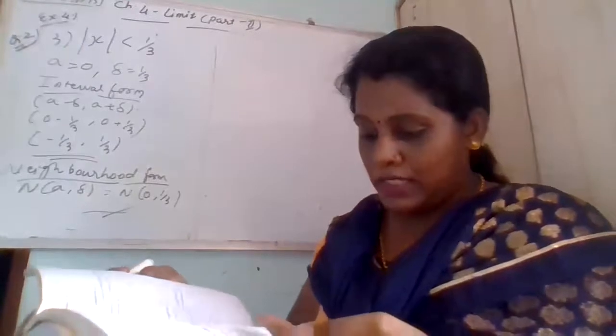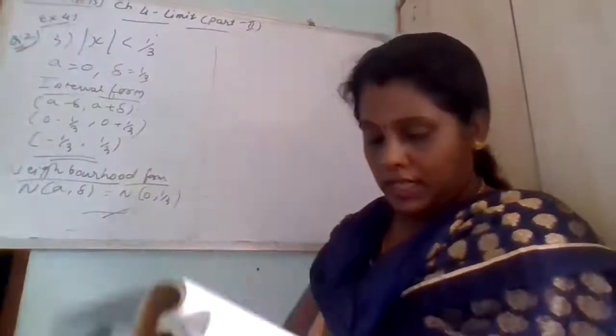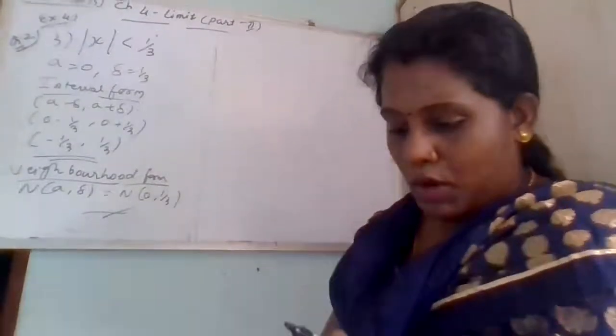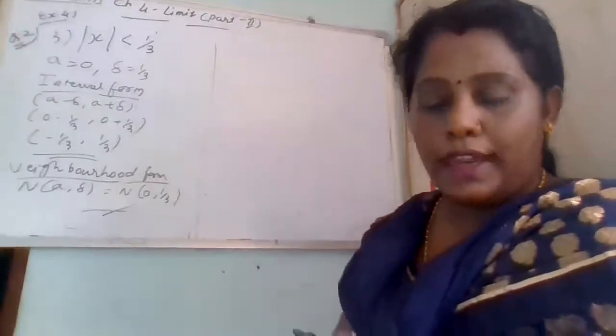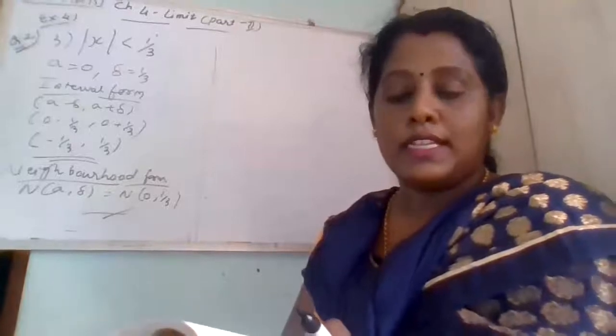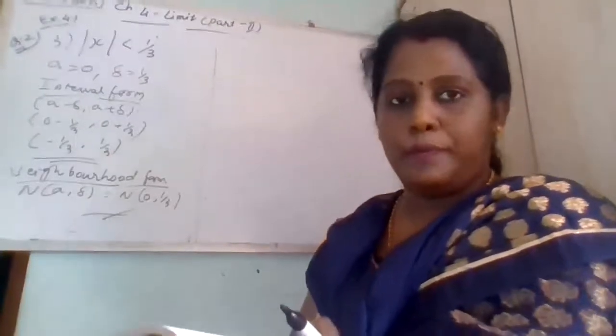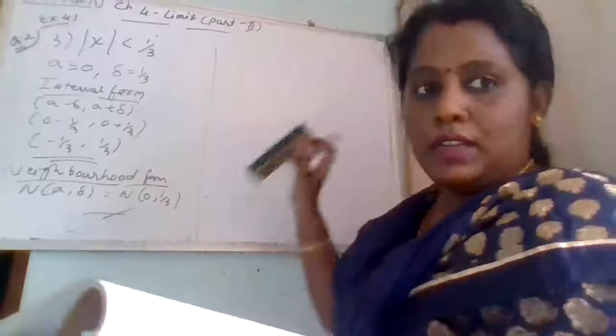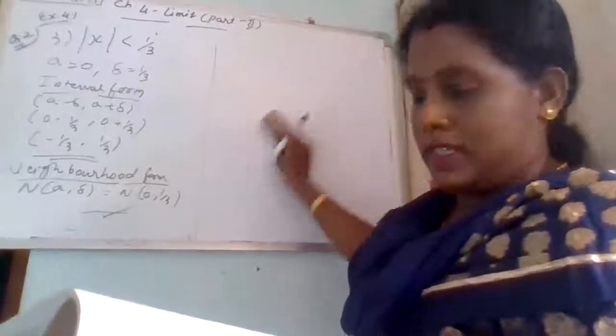Okay. Now we will see the third question, right? In this question, modulus and neighborhood you have to find, and what is given is in the interval form. So let's start with our third question first.